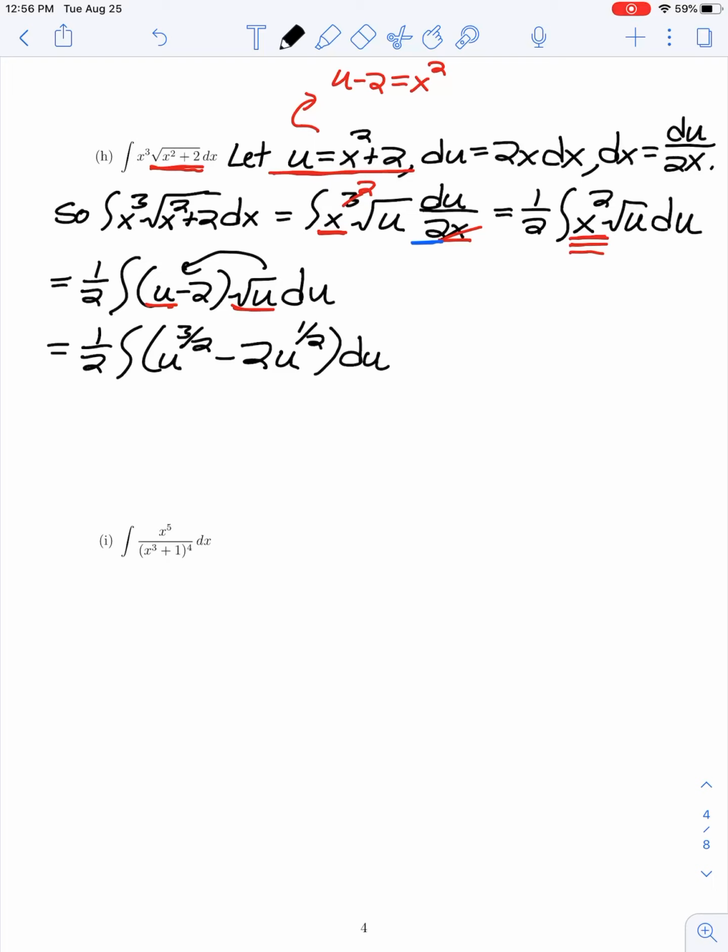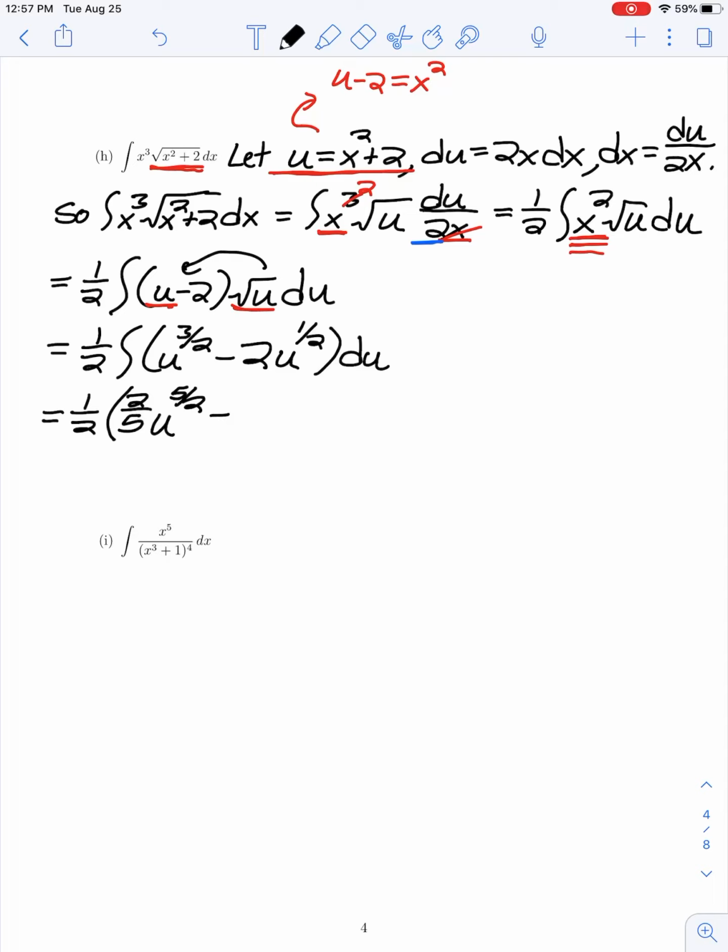Now we're ready to integrate this function by using the power rule for each term. Out in front we have a constant 1/2, and we're multiplying by the antiderivative of u to the 3/2, which would be u to the 5/2. So we add 1 to the exponent, and then we divide by 5/2, which is equivalent to multiplying by the reciprocal, 2/5.